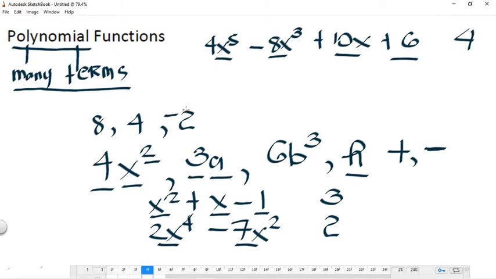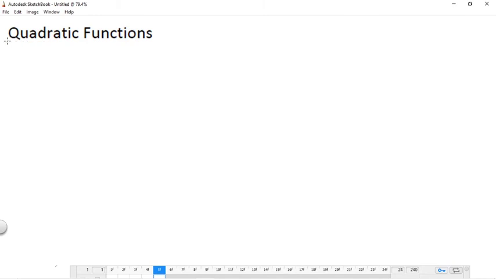For example, y is equal to 2x raised to 4 minus 7x raised to 2. We can assign any value for x, and y is a function of x. The third type is quadratic function.